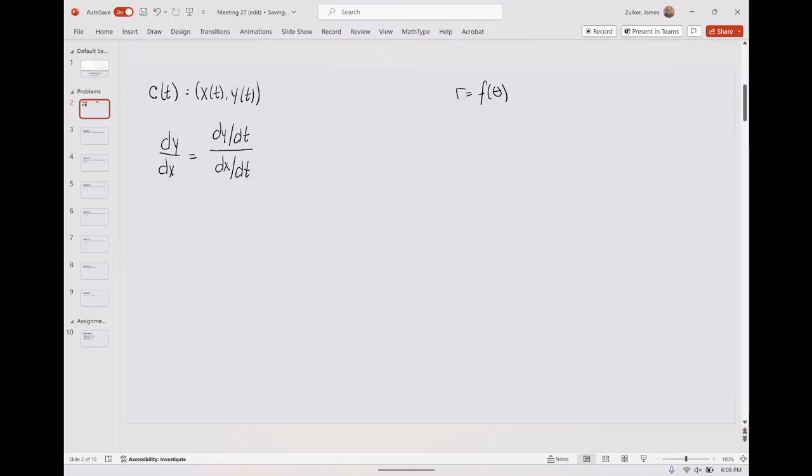Now suppose you're given r equals f of theta. And we again want dy dx. Well, if we look at this as a parameterization, the parameterization of a circle is r cosine theta, r sine theta.